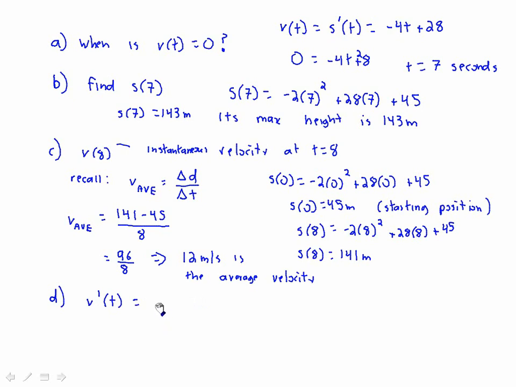We've got our v function up at the top, so the derivative would just be negative 4, in meters per second squared. So this is actually equal to the acceleration.